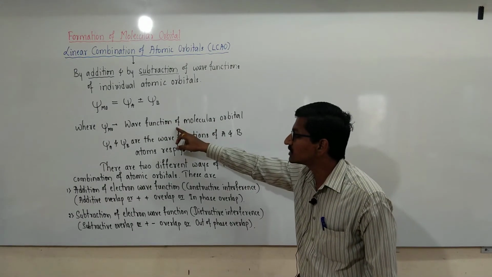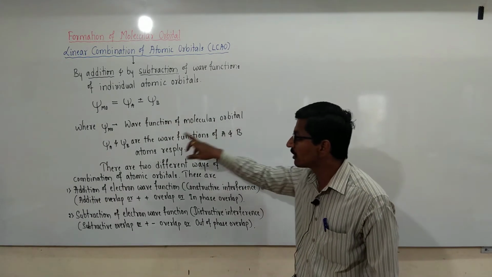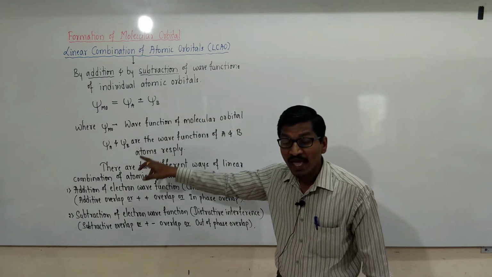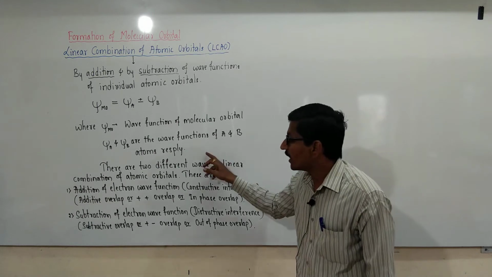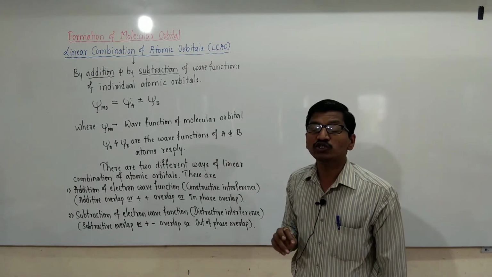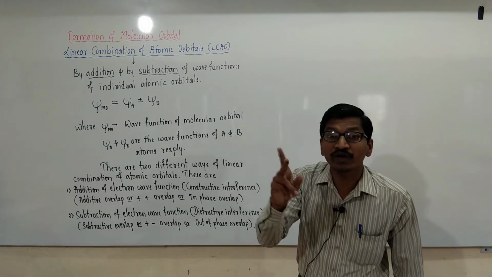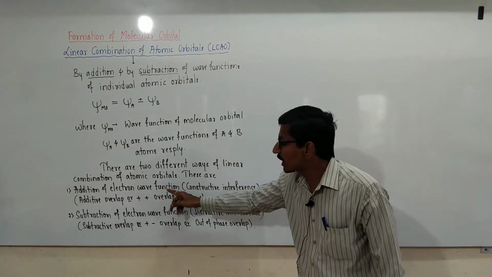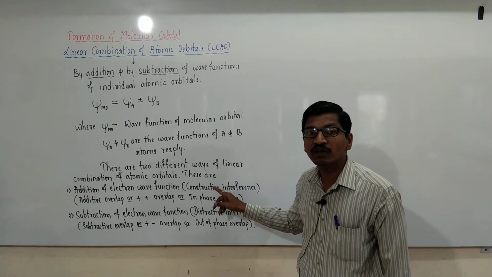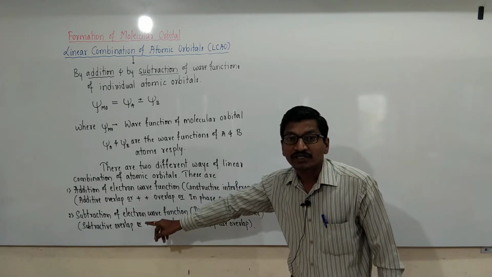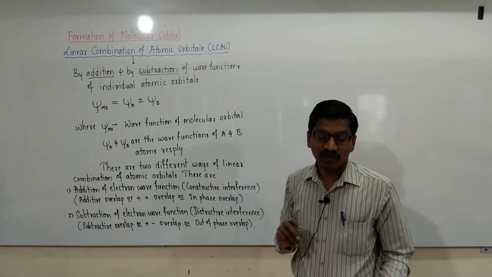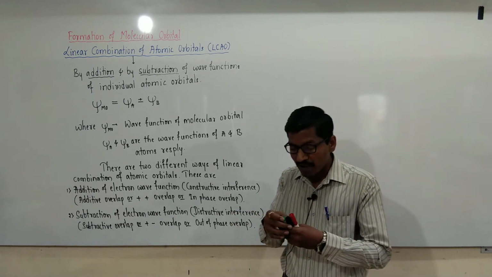Psi MO is the wave function of molecular orbital. Psi A and psi B are the wave functions of A and B atoms respectively. One way is addition of electron wave function, that is constructive interference, and the other is subtraction of electron wave function, that is destructive interference. We will discuss one by one.